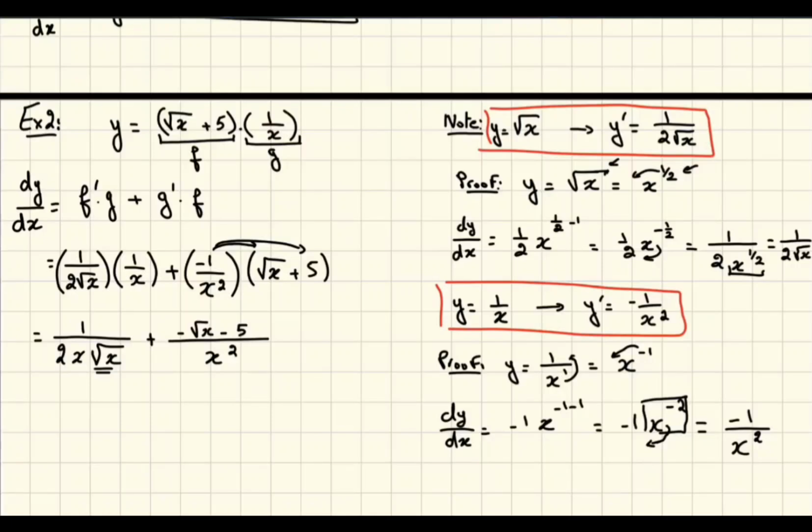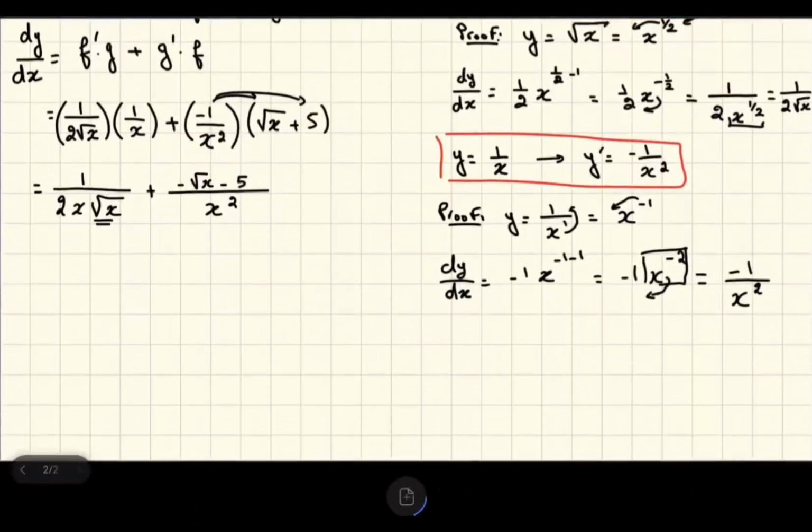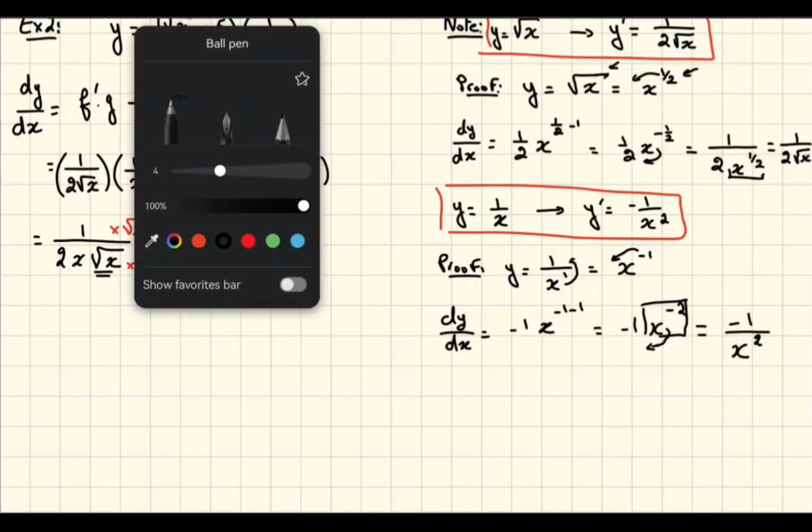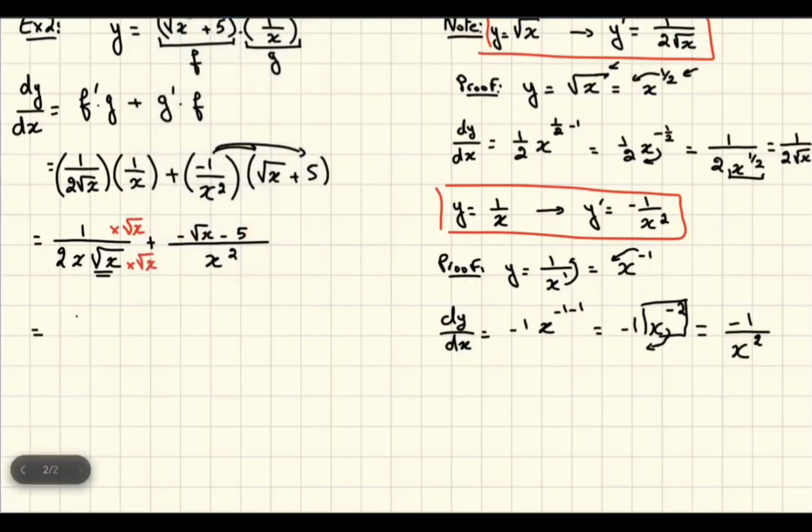Alright. I will continue simplifying. So let's remove the radical from the denominator, because usually in math we don't keep the radical down. So to remove it, you just multiply it by itself. So whenever you have radical of something and you want to remove that from the denominator, you just multiply it by itself. So what I will get here, radical x here on top over 2x.